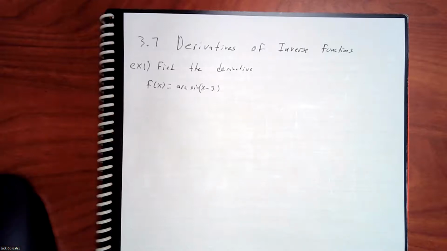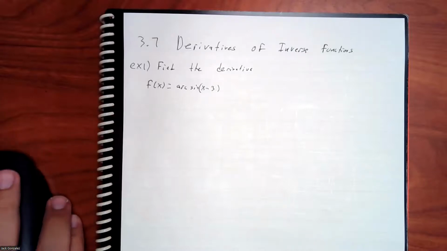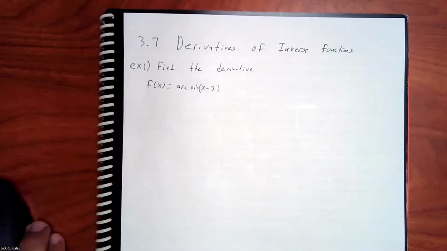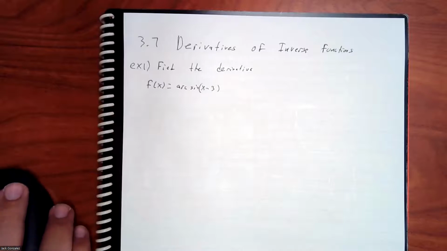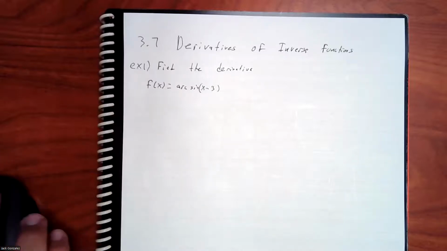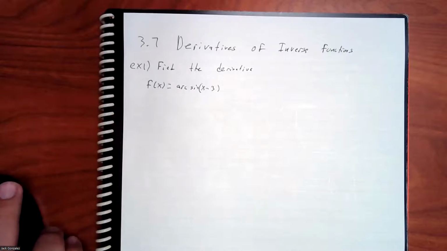Okay. So the derivative of arcsine is going to be equal to this. Let me find a simpler looking one. Yeah, this is fine.